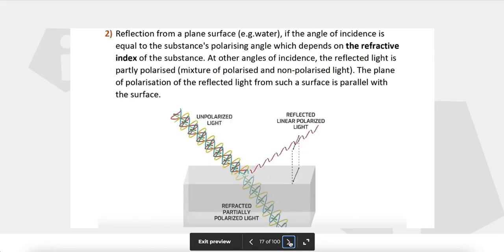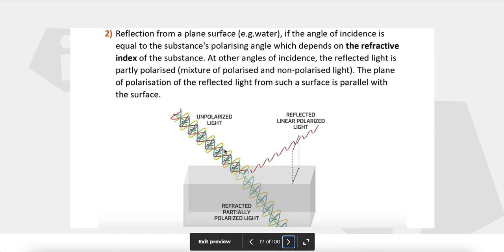The second method for producing polarized light is through reflection from a plane surface. When there is unpolarized light, where the light waves are vibrating in all planes, and it hits the plane surface, as we mentioned before, some will reflect and some will refract.